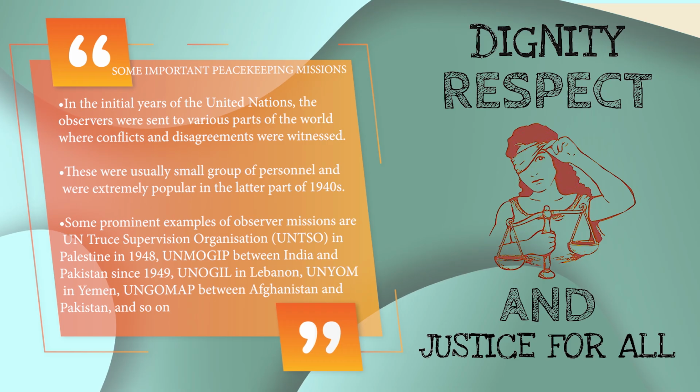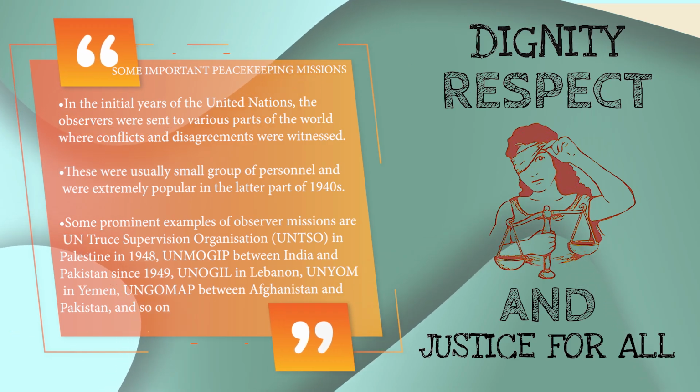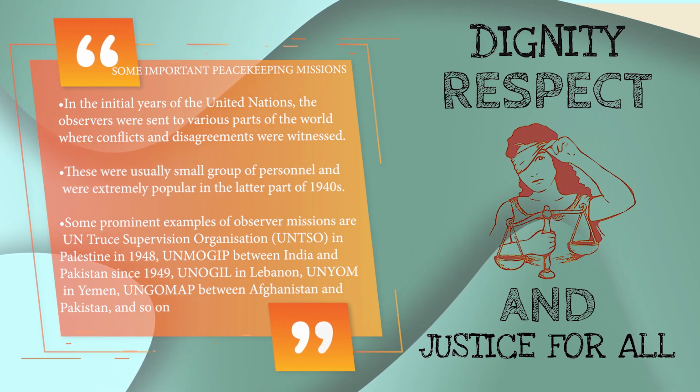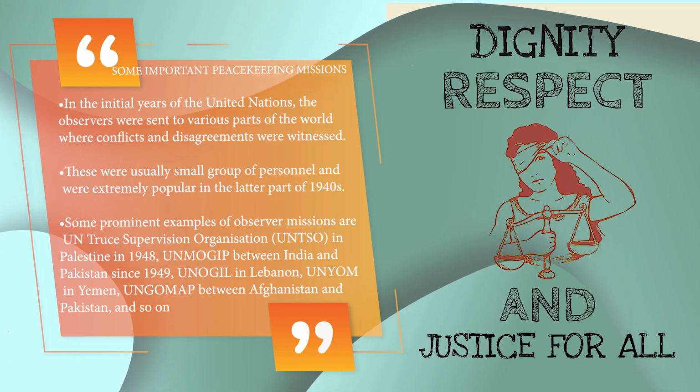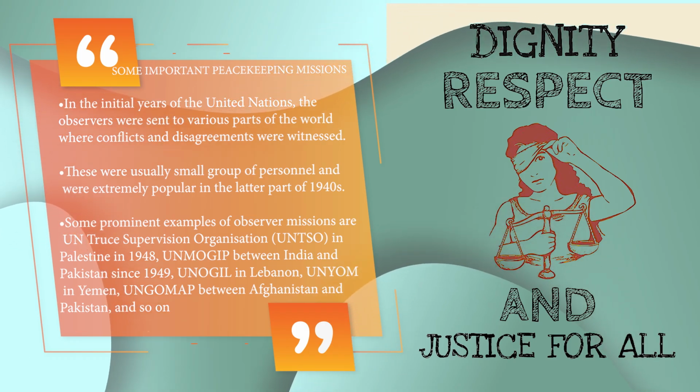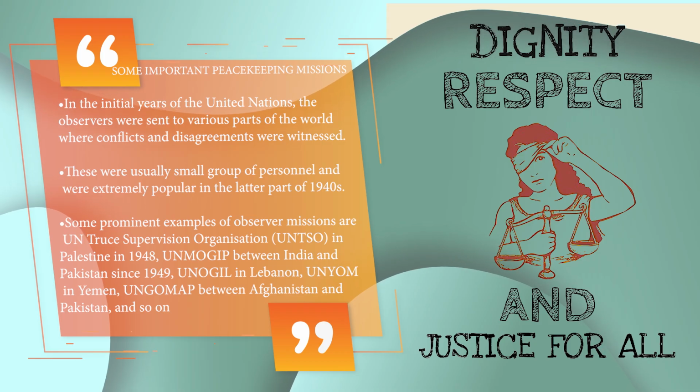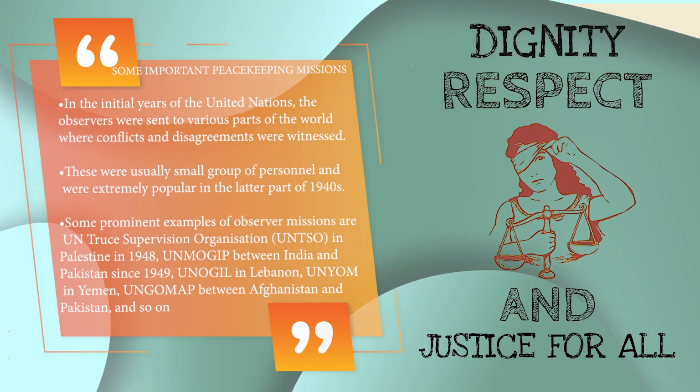In the initial years of the United Nations, observers were sent to various parts of the world where conflicts and disagreements were witnessed. These were usually small groups of personnel and were extremely popular in the later part of the 1940s.